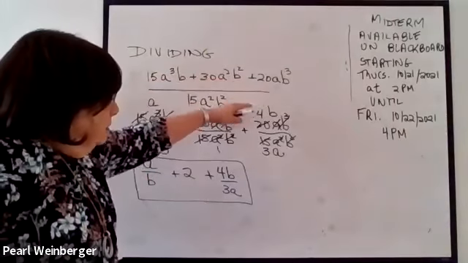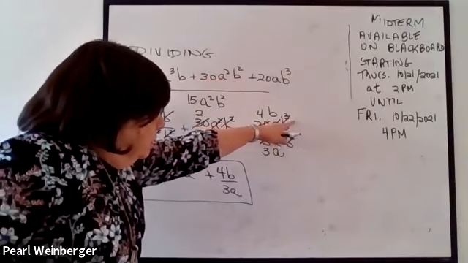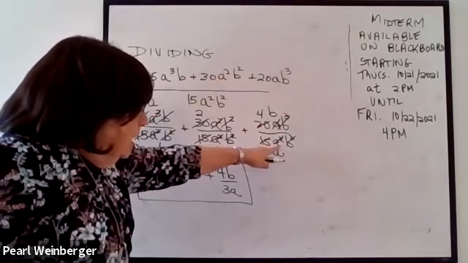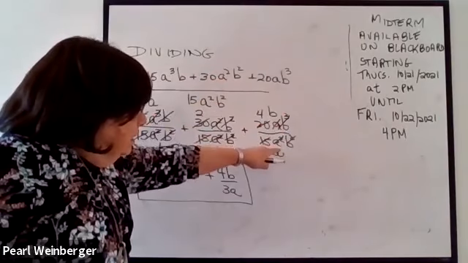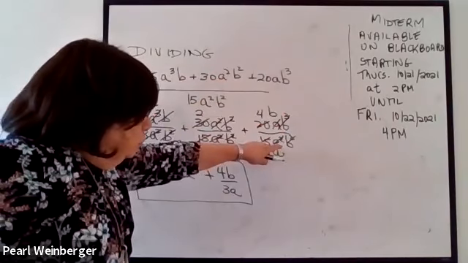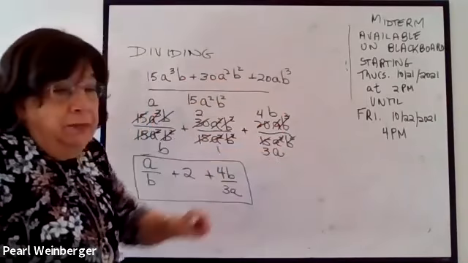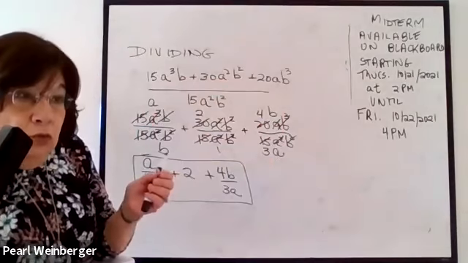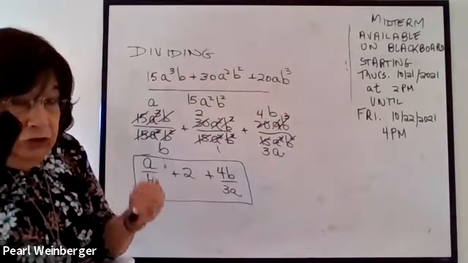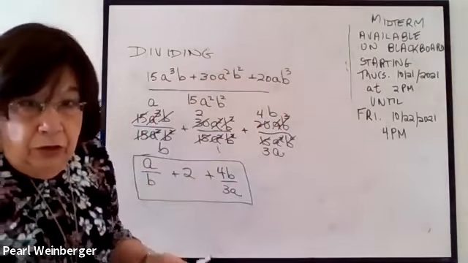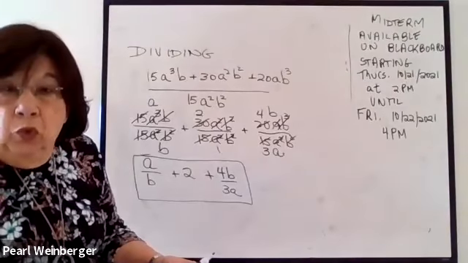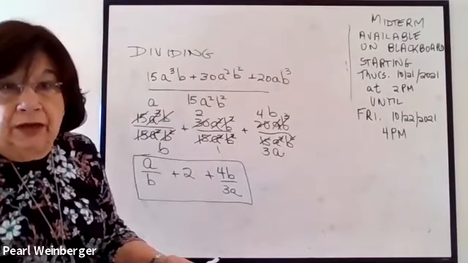If you look at it, here the b was a larger exponent, so we were left with the b on top. Here there was an a and an a squared. The a squared was the larger exponent, so that's why the a had to be on the bottom. Just keep that in mind. That's your check, that you're left with your variable where the larger exponent was.